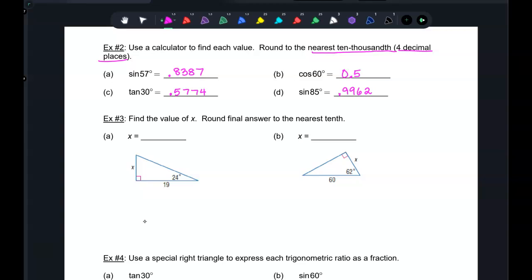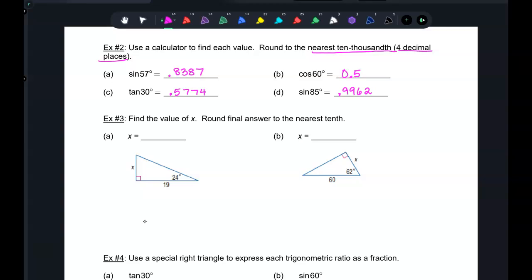Where do these numbers magically come from? They come from similar triangles. Let me start with the cosine of 60 degrees. We just finished doing 30-60-90 triangles. If this is the shorter side x, what's the hypotenuse? 2x, and this is x root 3.